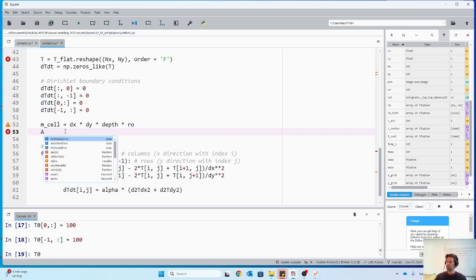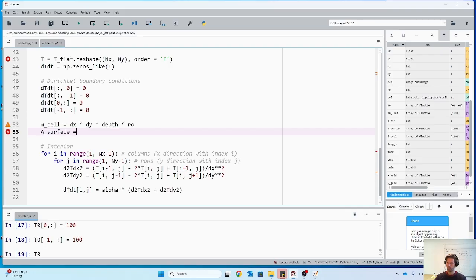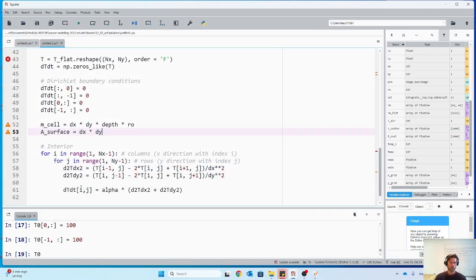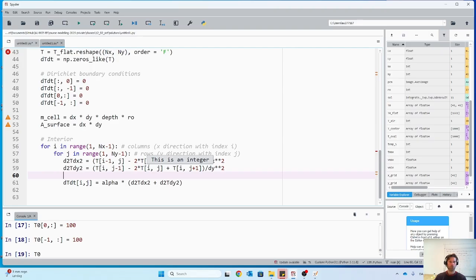And it's only losing this energy through the surface of the cell, and that is just dx times dy. So we can write the energy loss. That is actually the same as Newton's law of cooling.